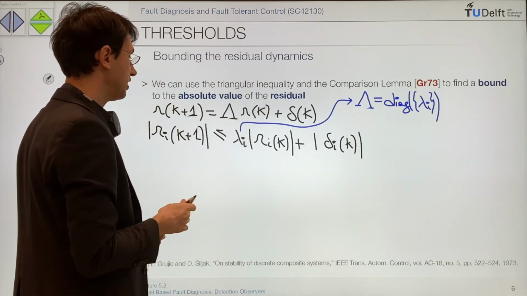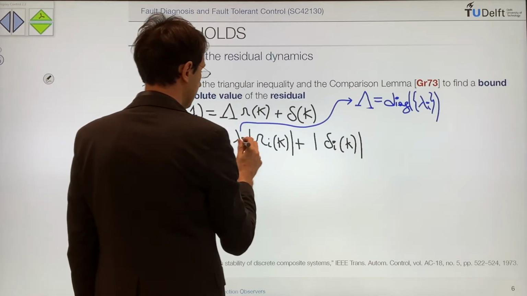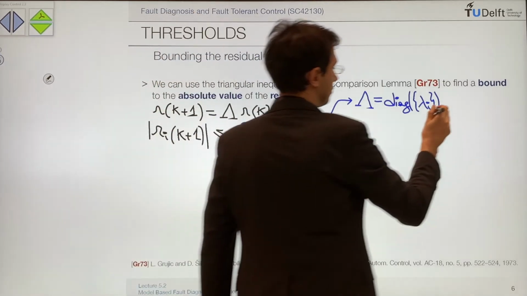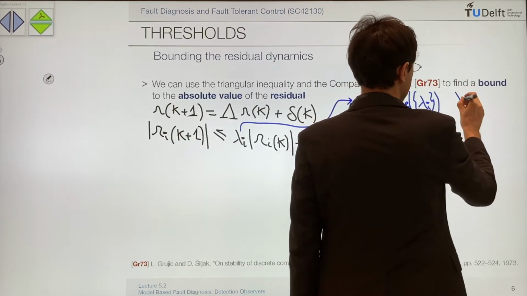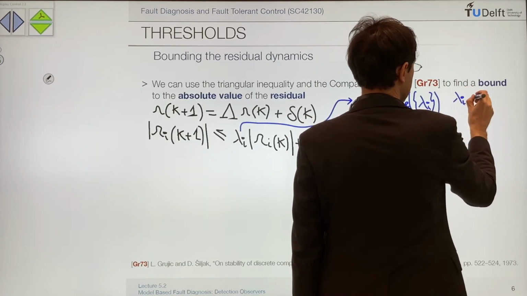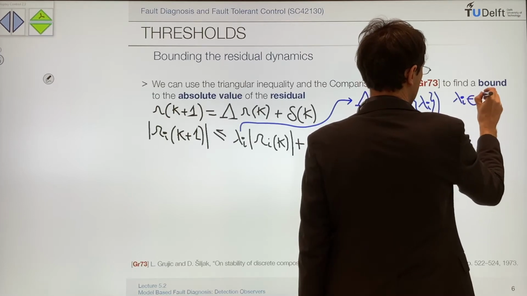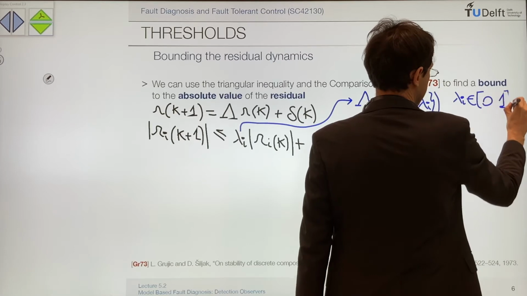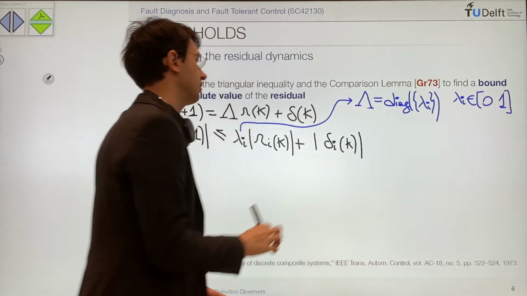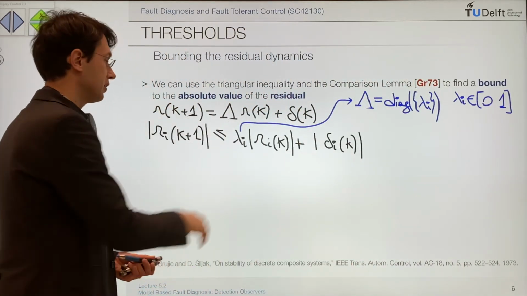And so in general, they can also be negative. But let us assume for now, to simplify our life, that they are positive. So lambda I belongs to the interval 0 to 1. So they are stable, they are positive. So you can also consider a case where they are negative. It's not changing so much.